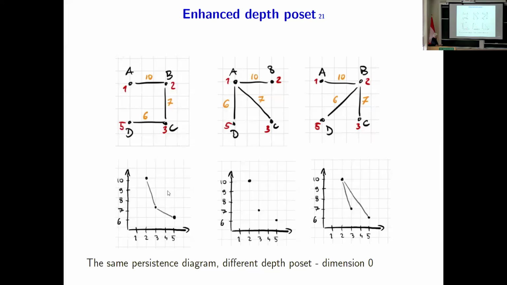If you forget about these lines, the collection of dots is the same for each example. But when you mark the depth poset by drawing a line from something which is higher to something which is lower, in the direction towards the diagonal, from the left of the diagonal towards the diagonal, this is the way you mark the depth poset. The depth poset in all these three examples is different.